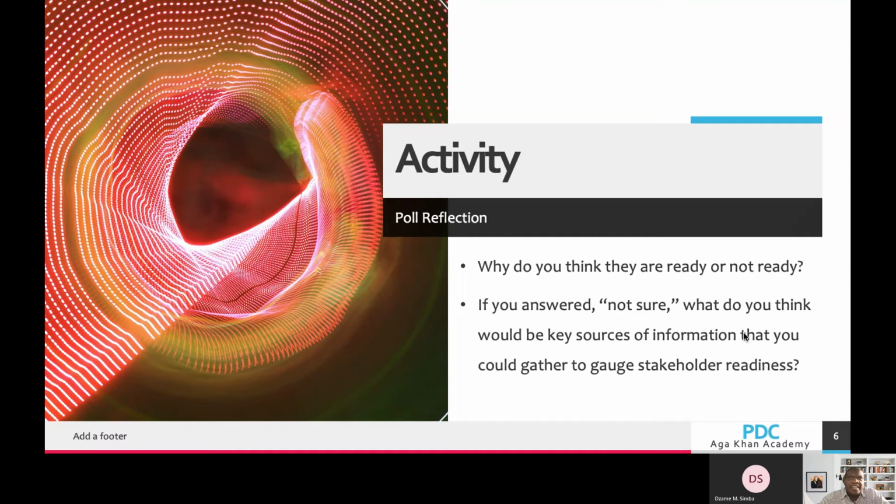Now, why do you think they are ready? Maybe you can tell me more. We are ready because according to the new adaptive conditions we are in, you have to apply adaptive techniques in order to solve them, especially at this time. Okay, thank you very much. What do you think will be the key sources of information for you to know everybody is ready? You have said it's because of the condition.